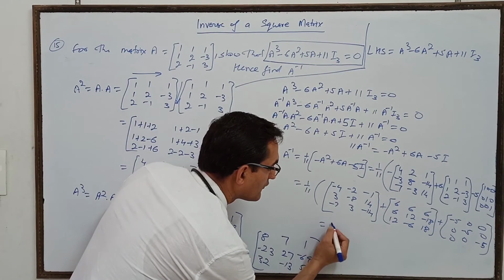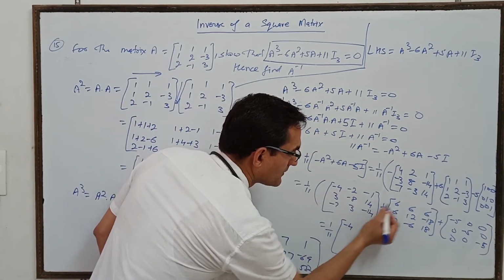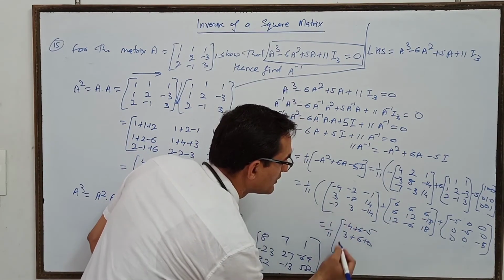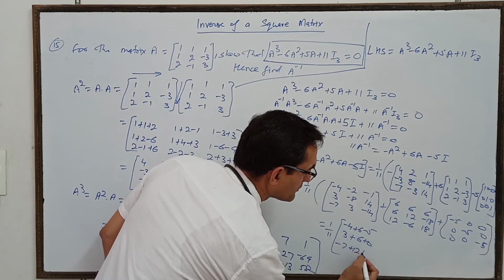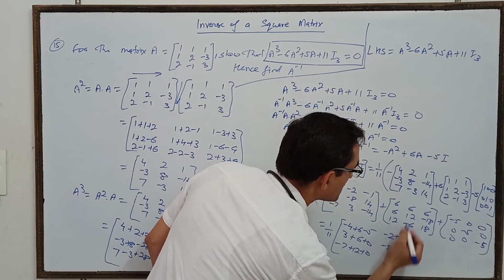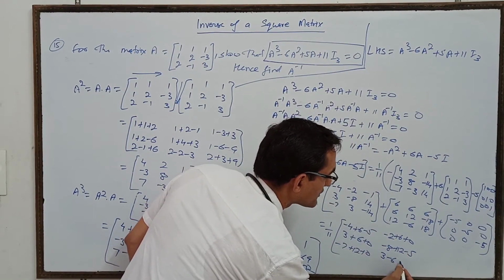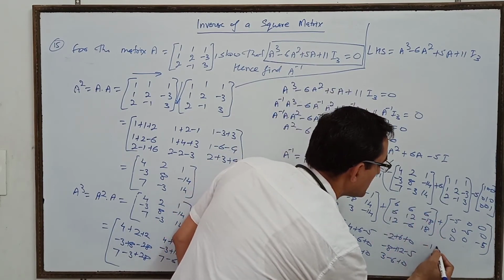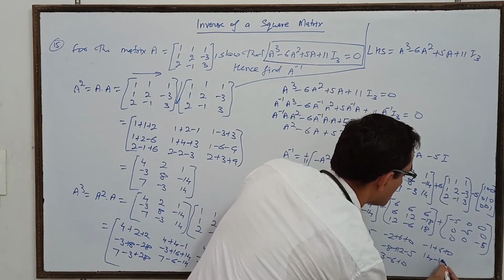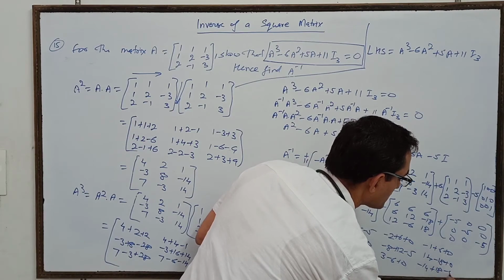Simplify it. So 1 by 11 into minus 4 plus 6 minus 5, 3 plus 6 plus 0, minus 7 plus 12 plus 0, minus 2 plus 6 plus 0, minus 8 plus 12 minus 5, 3 minus 6 plus 0, minus 1 plus 6 plus 0, 14 minus 18 plus 0, and minus 14 plus 18 minus 5.